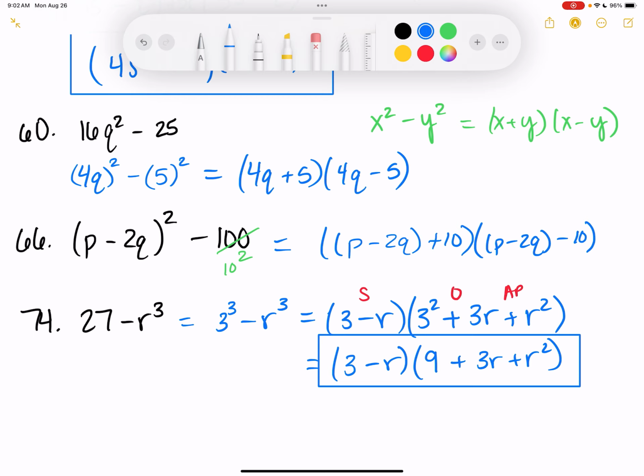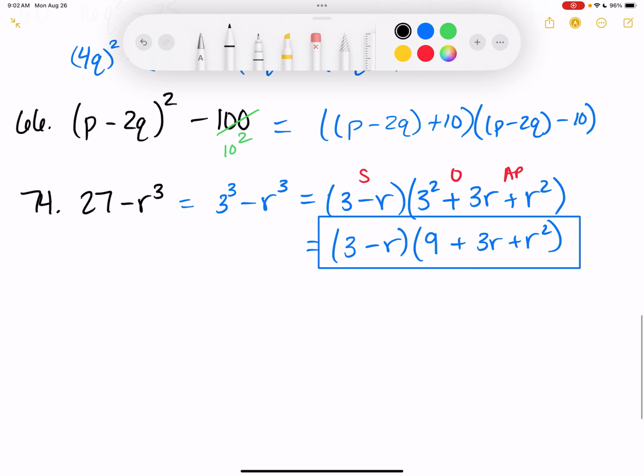Let's see, I want to do one more cube one. 76: 8m cubed minus 27n cubed. So still cubes. What is 8 the cube of? 2.